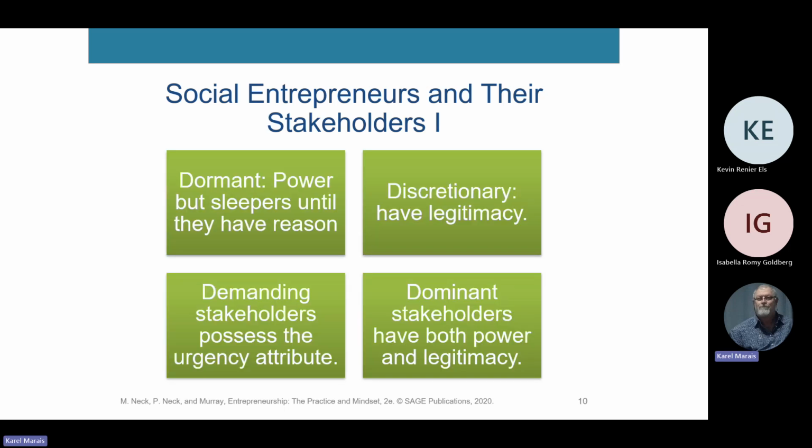So you have the dominant stakeholders. Your dominant stakeholders are these people that have both power and legitimacy. So they can have a very strong influence on your organization, because not only do they have the power to speak to the community, but they also have an influence on your organization.